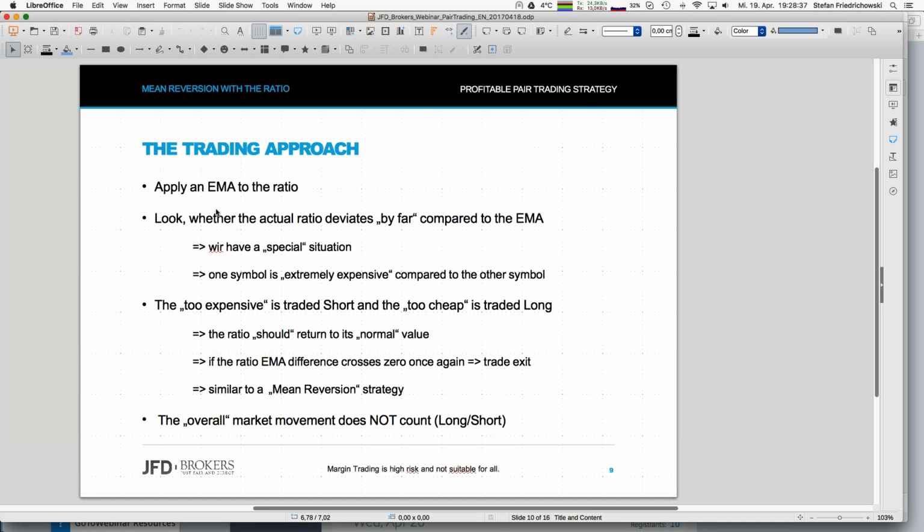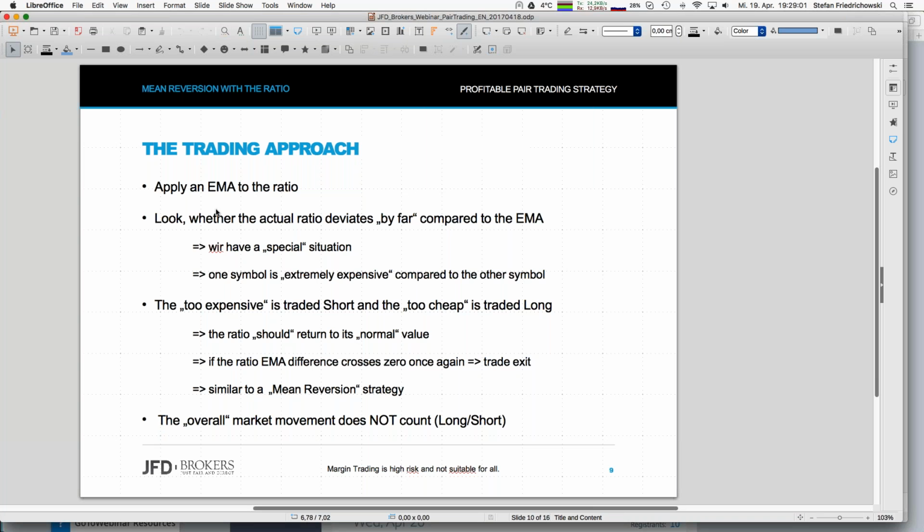I call it a special situation because one price is now, compared to the other, too expensive. Or the other one is too cheap. It only depends on the direction of your point of view. But in principle, one is too expensive and one is too cheap compared to the other one.